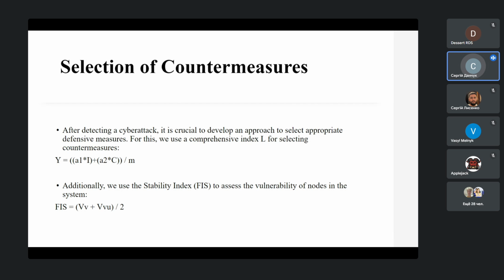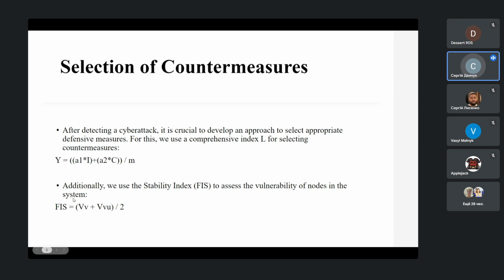For this, we use a comprehensive index L for the escalation formula, where A1 and A2 are weight coefficients for the impact of countermeasures, identification of the countermeasure, C is an identifier of cost associated with implementation of countermeasures, and a normalization coefficient.